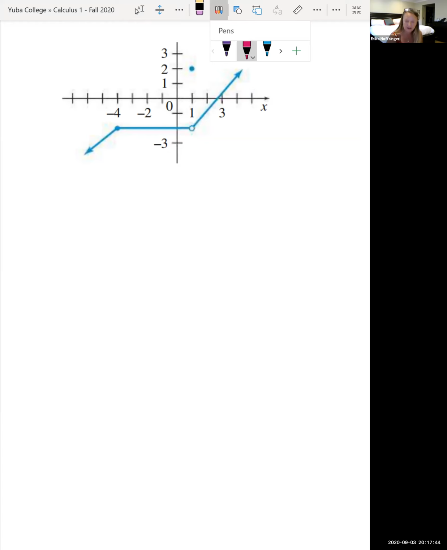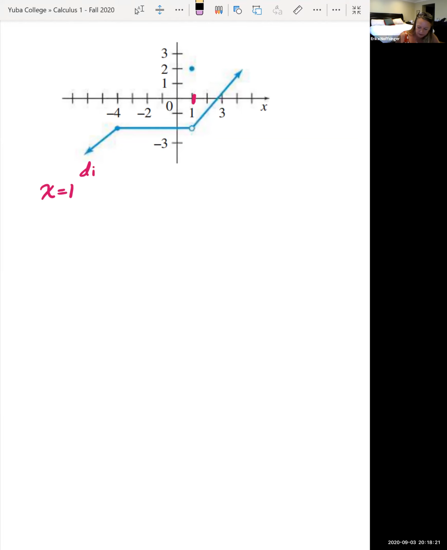Oh, wait, no. x equals -1. Right, so x equals -1? That would be right here. Oh my gosh, I'm getting mixed up. 1. x equals 1. Okay, yep. I see what you were doing. You were telling me the y values. Yeah. So you're right. So that's where we're looking, the x value, where there's a jump or an open circle or a vertical asymptote, or maybe oscillating. But so x equals 1.